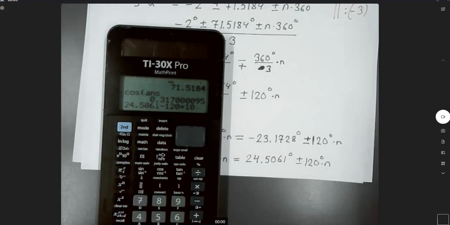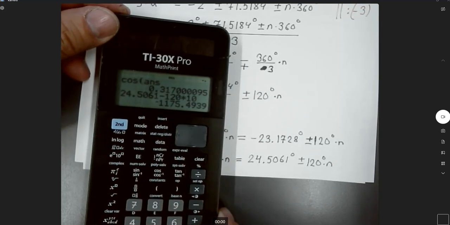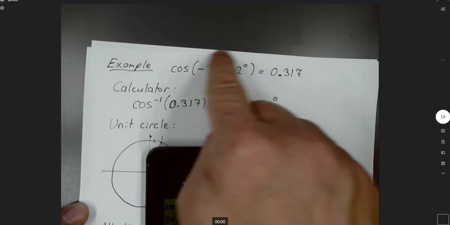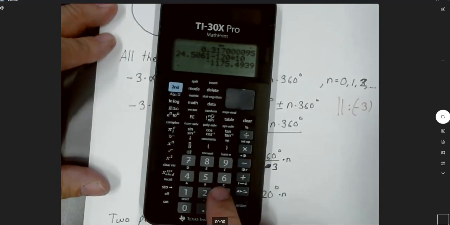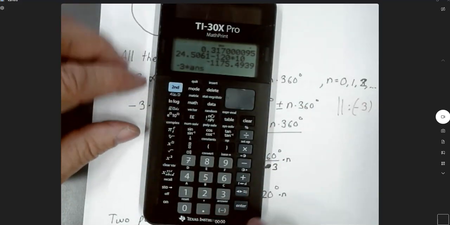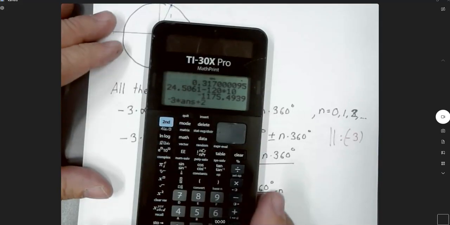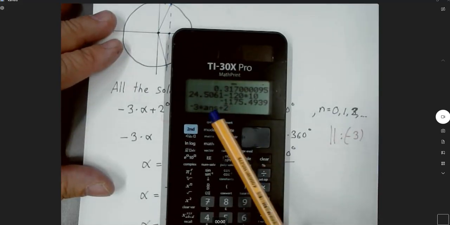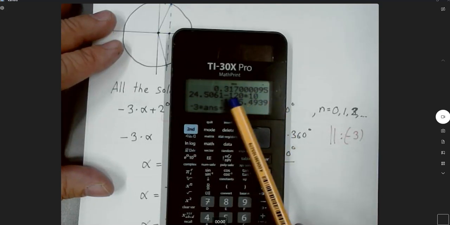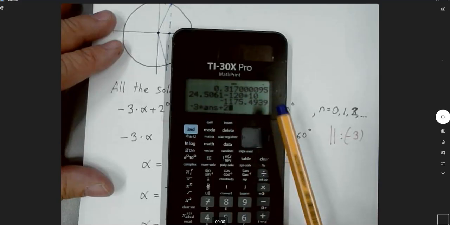This is just an example of one solution, and we are getting this kind of alpha value. And again, in the equation we should use this kind of expression inside the cosine. So I will take minus 3 times answer plus 2. Answer in this calculator means the last answer I got, in this case this negative number there.